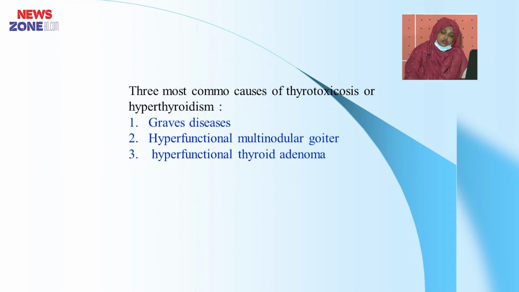So, there are many causes for developing hyperthyroidism or thyrotoxicosis, but the most important three causes are: number 1, Graves' disease, number 2, hyperfunctional multinodular goiter, and lastly hyperfunctional thyroid adenoma.